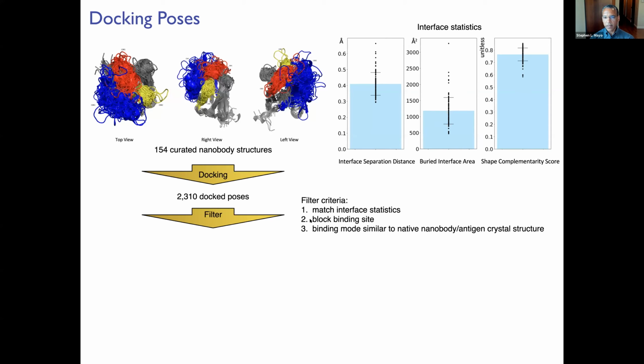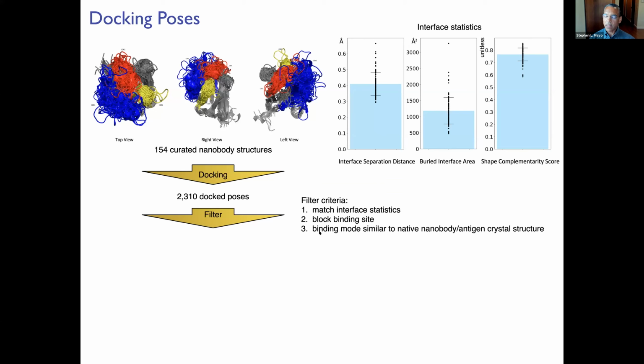Importantly, obviously, the positioning of the nanobody on streptavidin needs to block the biotin binding site so that we can have a relatively short linker between the biotin and the nanobody.